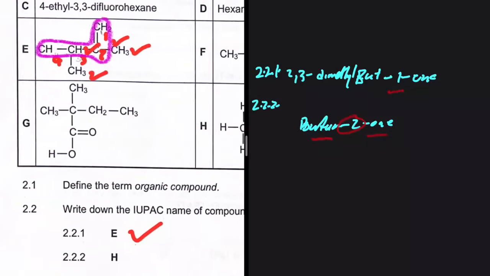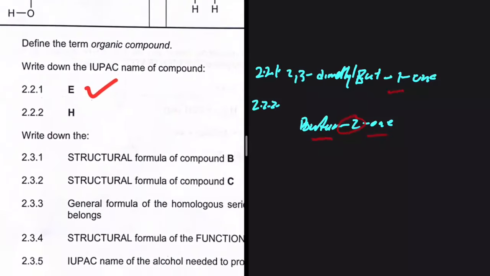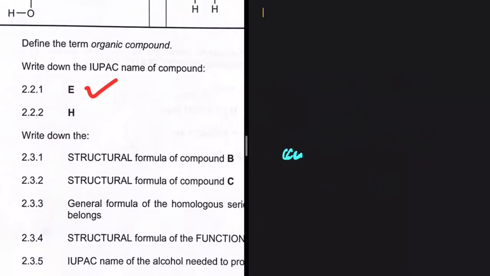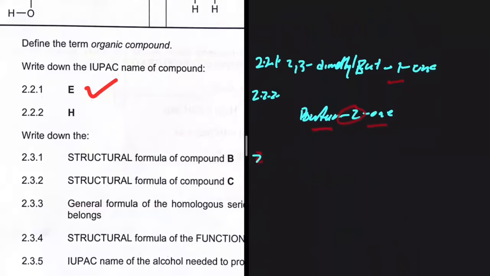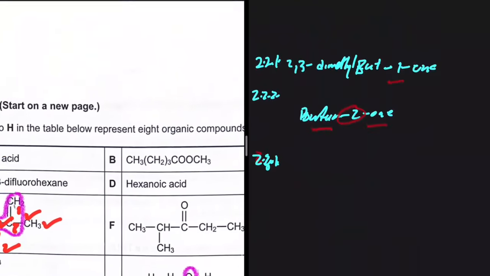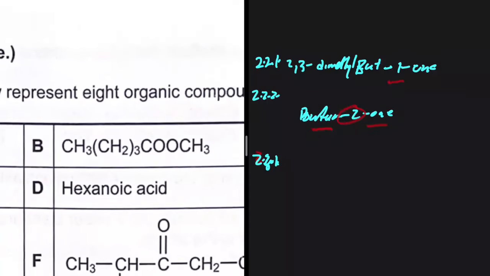2.3, we are looking for the structural formula of compound B. So let's go ahead and take a look at compound B. That is 2.3.1. So compound B, a carbon with 3 hydrogens, followed by 3 carbons with 2 hydrogens each.